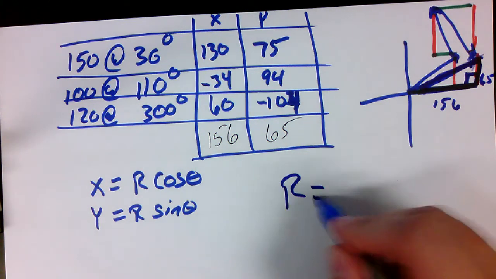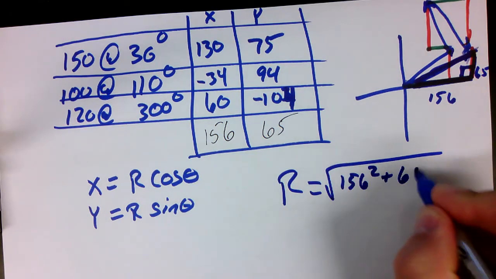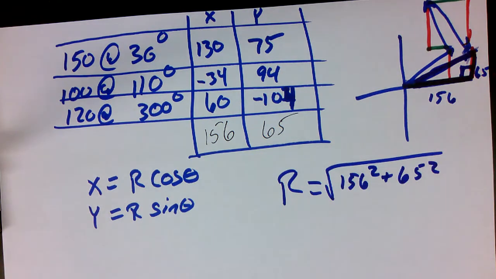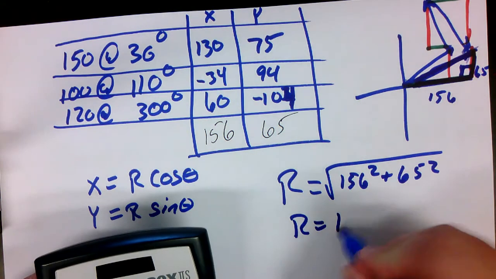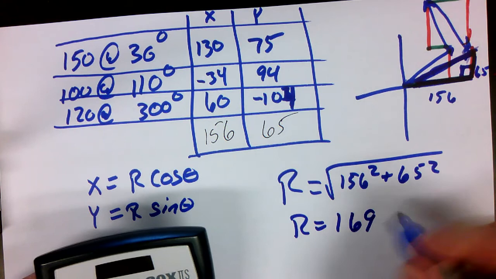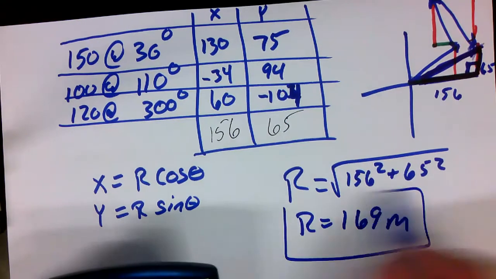So R is going to equal the square root of 156 squared plus 65 squared. And so the value of R ends up being, when we plug that into our calculator, R is equal to 169 meters. Original values were in meters.